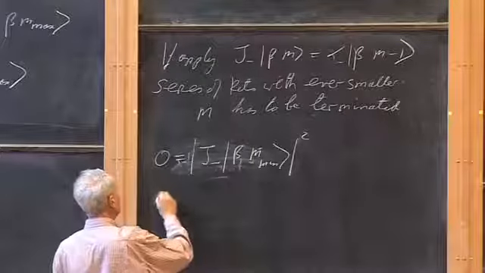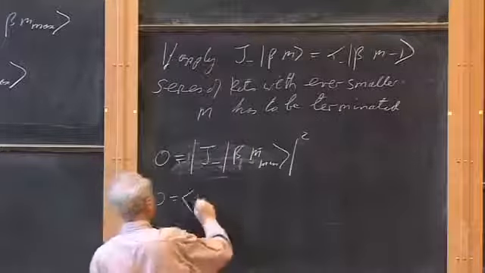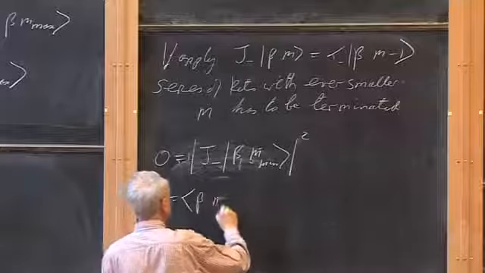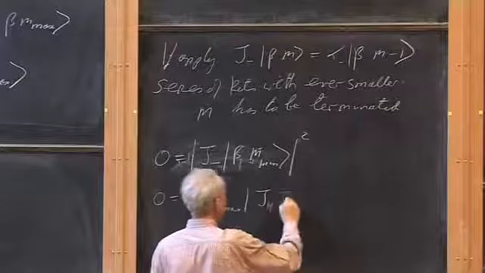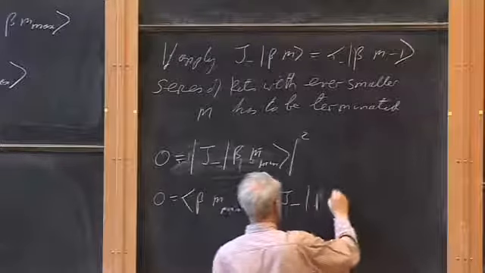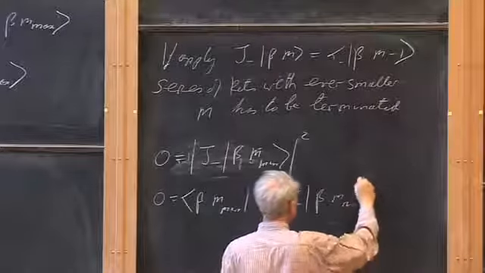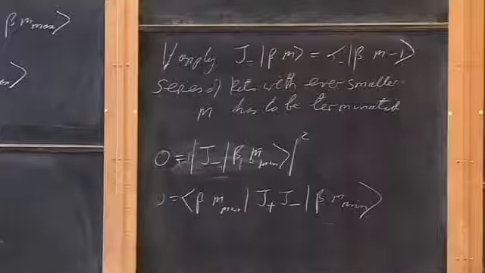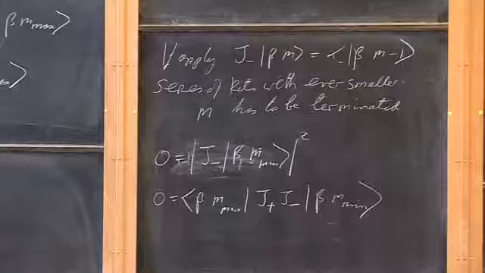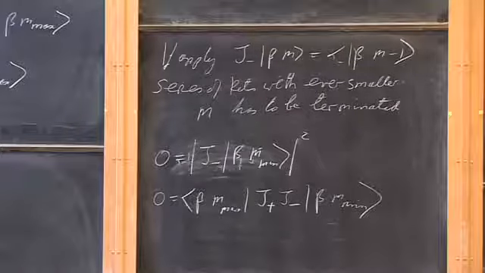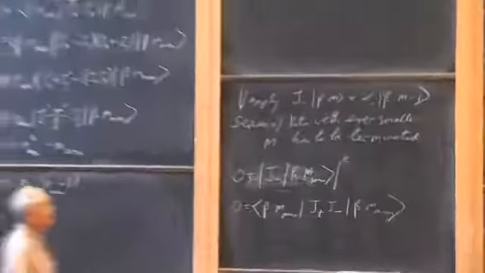In other words, nothing is going to be beta m min, j plus j minus, beta m min. That's awfully similar to what we had here, where we had a j minus j plus. So you can see that it's going to produce the same stuff, except that the sign of the commutator is going to be different. Otherwise, everything will be the same.